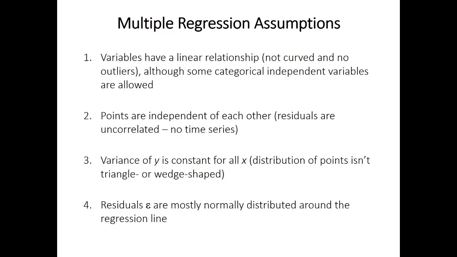That's generally a bad sign, because it shows you that the variance is not constant at all points along the x-axis. And finally, the distribution of the residuals, the distance between the points and the regression line, should be close to or mostly a normal distribution. It doesn't have to be exact, but as long as it's symmetrical and relatively unimodal, you're okay.